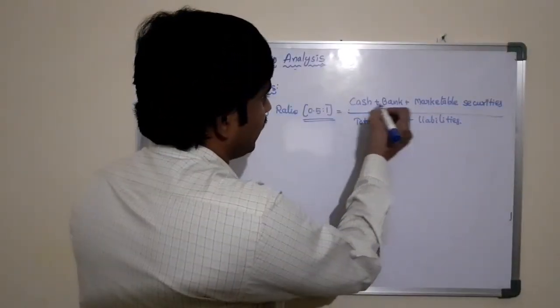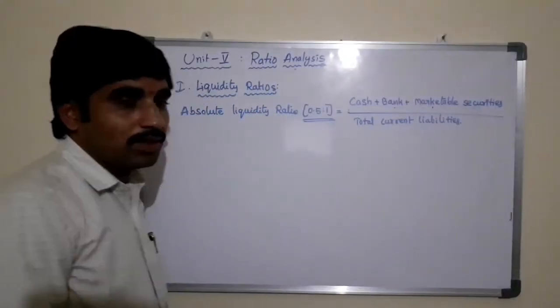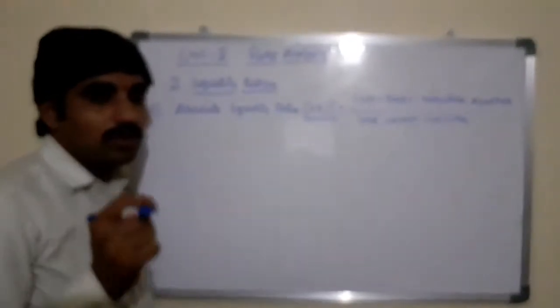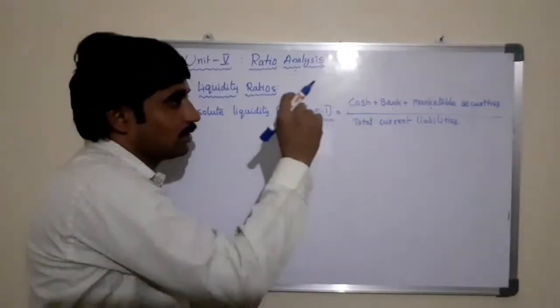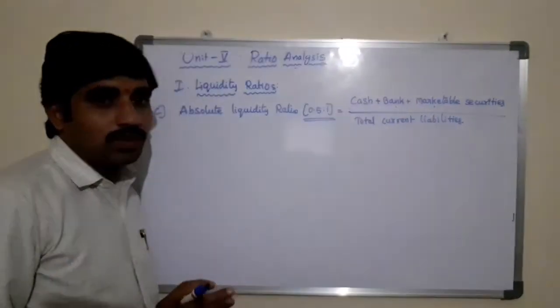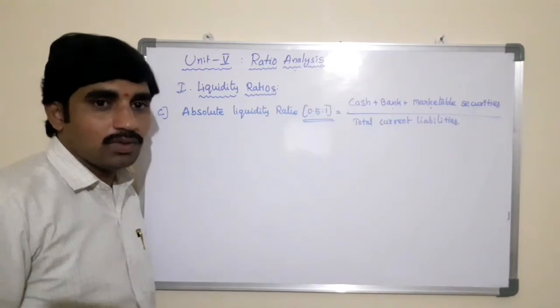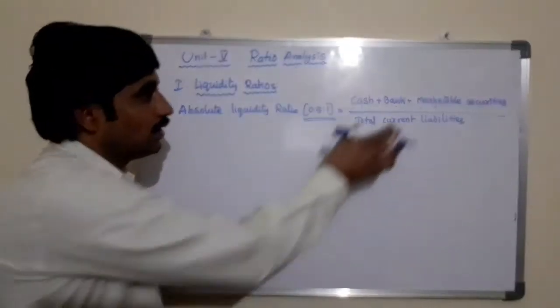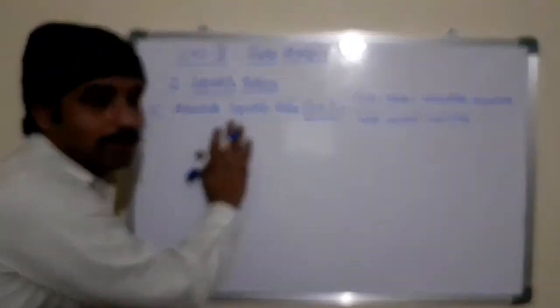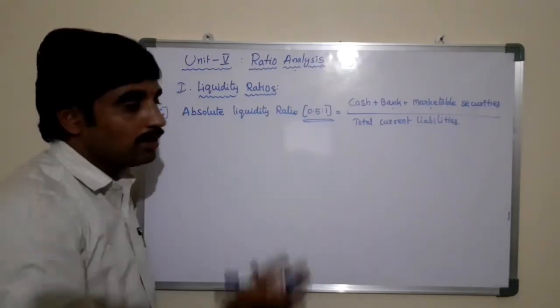Here, the cash, bank and marketable securities are the absolute liquid assets of the company. These assets are ready to use, ready to convert into another form. Therefore, these assets are called absolute liquid assets in any company.